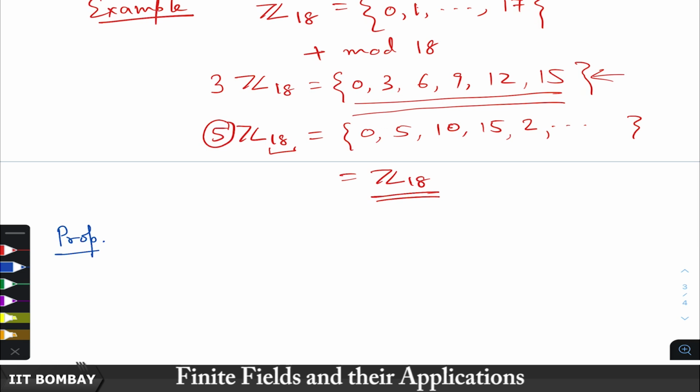If you are given a subset and want to determine whether it forms a subgroup, doing it from the definition, you have to check so many different things. So, instead of that, we will see that there is actually just one property. If you check that, then that subset forms a subgroup. So, here is the property.